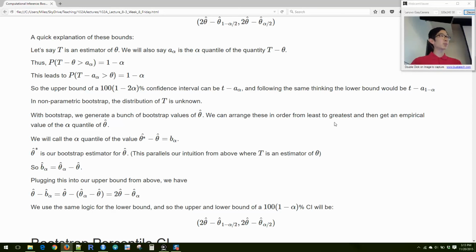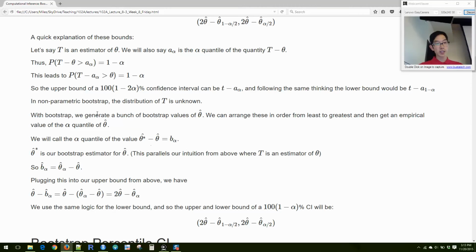Based on that empirical CDF, we can get the alpha quantile of theta hat. Making the parallel argument, instead of T, our estimator, we use theta hat star, our bootstrap estimator for theta hat, and assign this quantity b sub alpha.